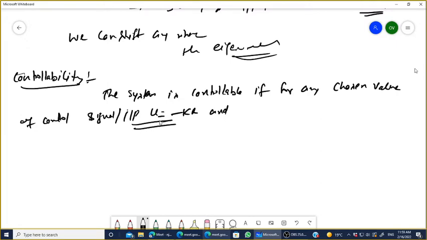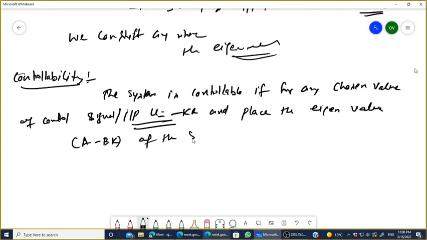By choosing u equals minus kx, the system is controllable. क्या करेगा ये u is equals to minus kx? Place the eigenvalue in the plane. Place the eigenvalue of A minus BK. Yes or no?